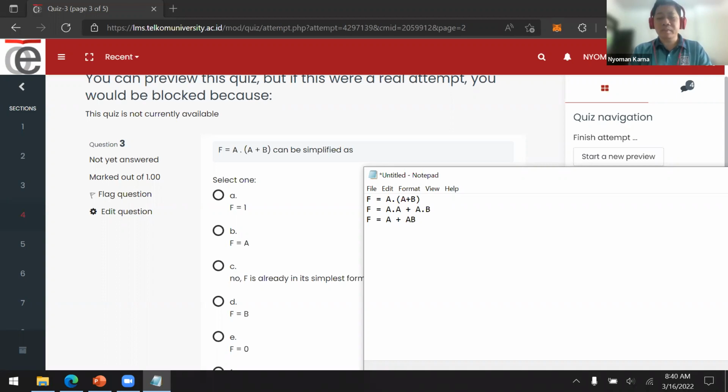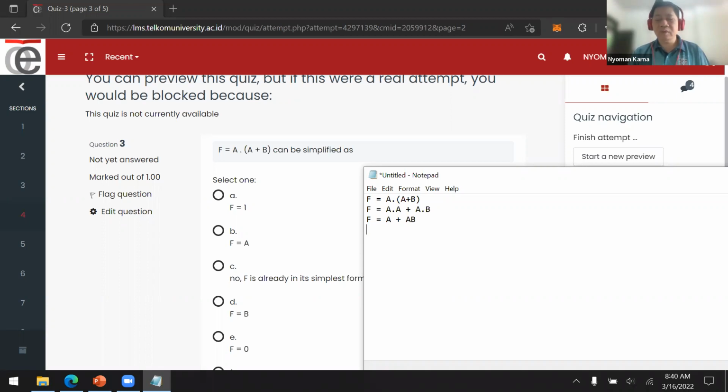Now, by using our step-by-step method to simplify a function using Boolean algebra, first we need to find if there is the same variable between its products.